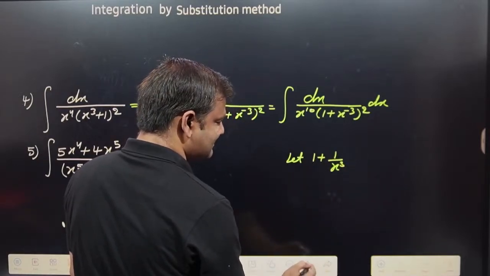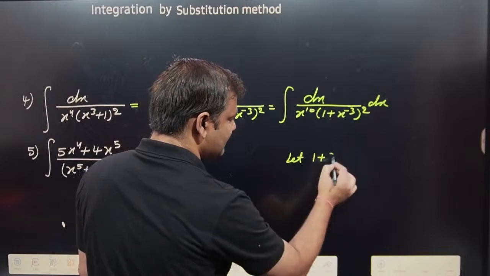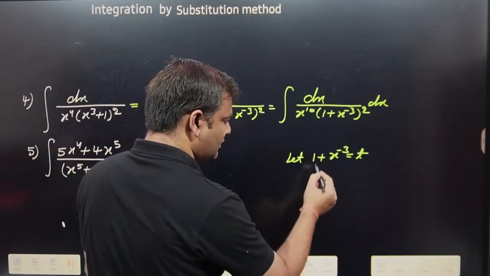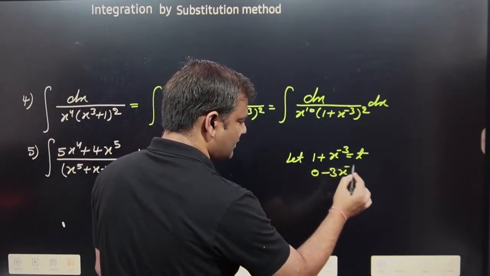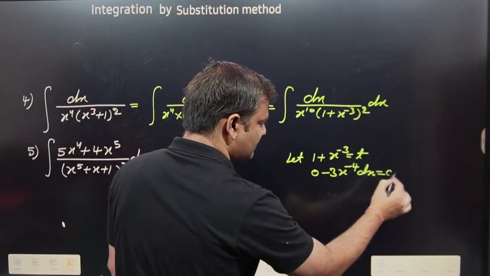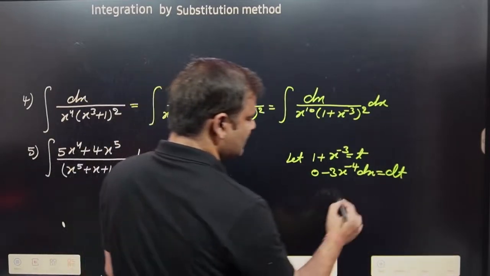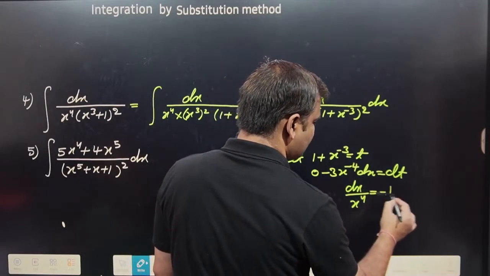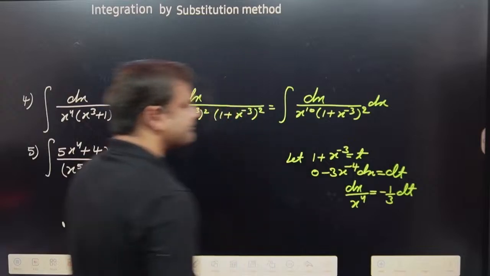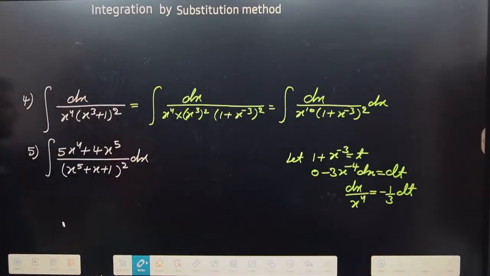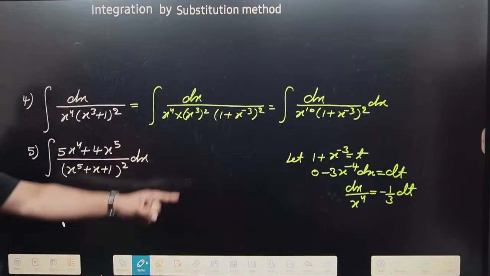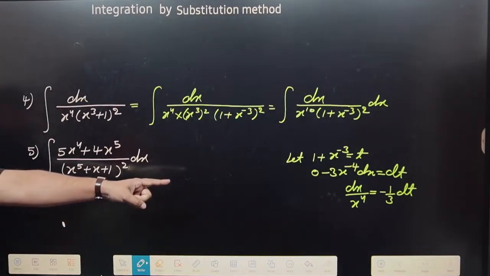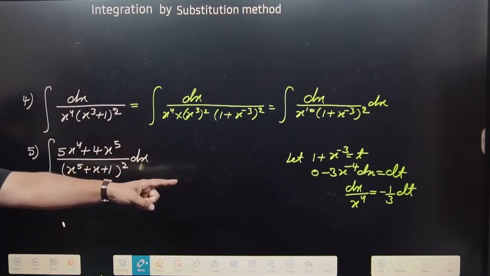Differentiating both sides, we get 0 minus 3 x to power minus 4 dx equal to dt. So dx divided by x to power 4 will be equal to minus 1 by 3 into dt. So basically dx divided by x to power 4 is equal to minus 1 by 3 dt.